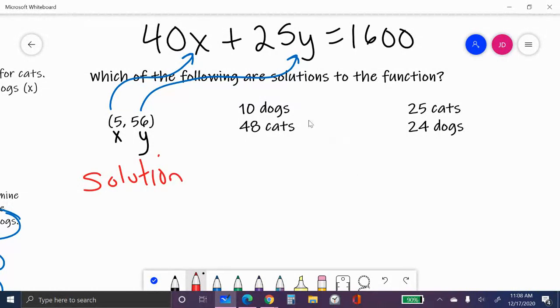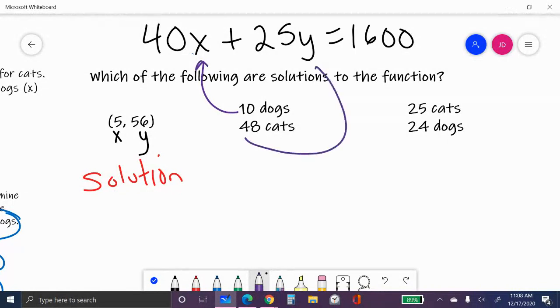All right, let's try 10 dogs and 48 cats. So I'm going to erase this part because we don't need that anymore. 10 dogs, plugging that in, 48 cats. Let's see if that equals 1,600.